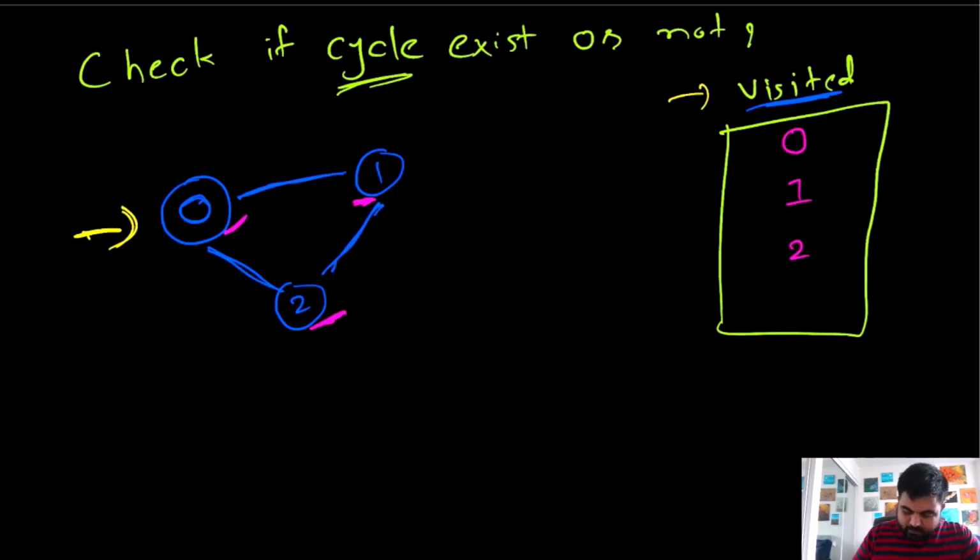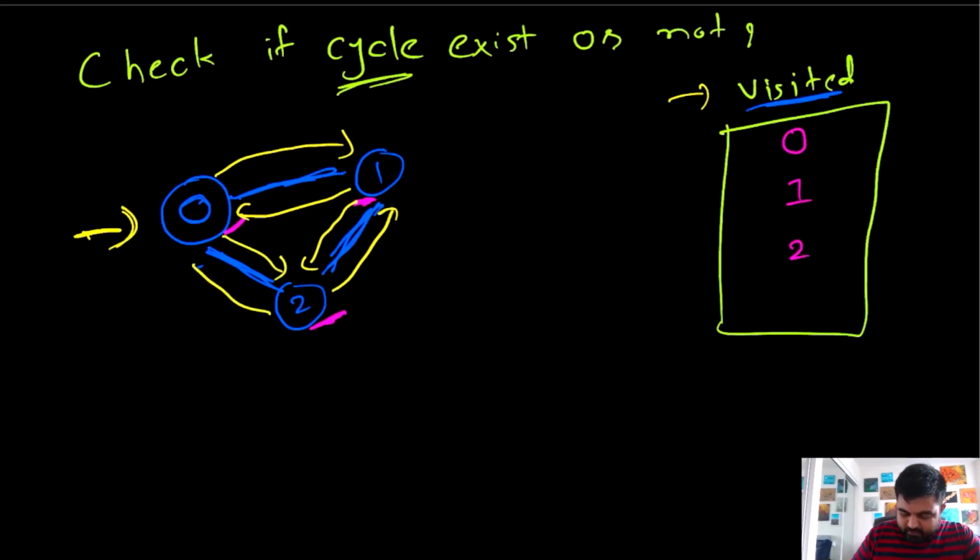Now remember that this is actually an undirected edge. So what does an undirected edge mean? It means that from 0 we have an edge to go towards 1, and from 1 we have an edge to go towards 0. Same goes for 1 and 2: we have an edge from 1 to 2, and from 2 to 1. And same goes for 2 and 0: we can go to 0 and we can come back.